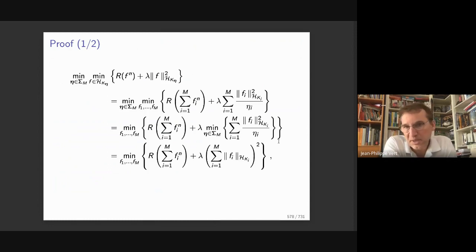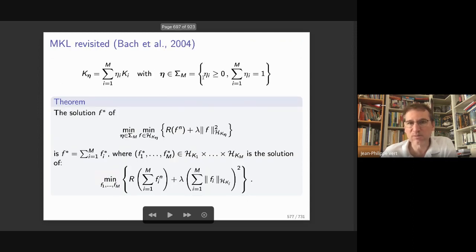And here comes a trick that actually Francis Bach explained to me many times, which is just a simple trick we'll see next slide, which tells basically that the minimization over the simplex, so here it's important that eta is in the simplex, and remember the simplex is the set of non-negative etas that sum to 1, so the set of vectors that allow you to make a convex combination.